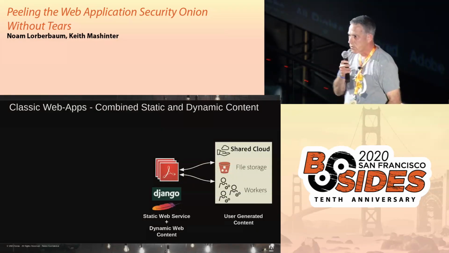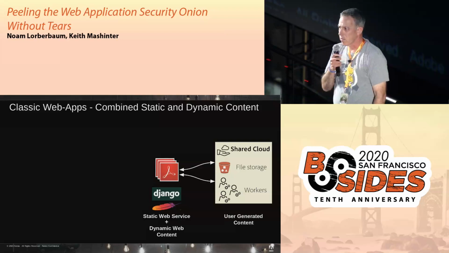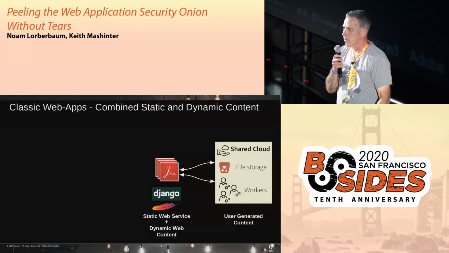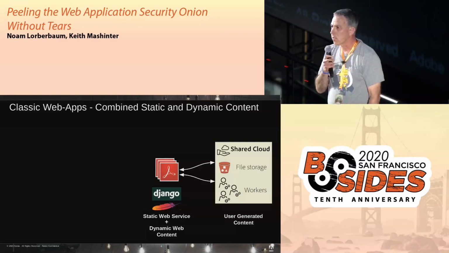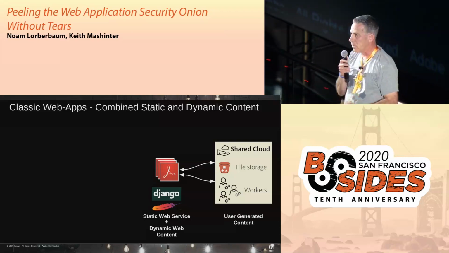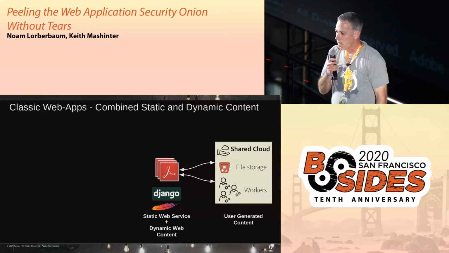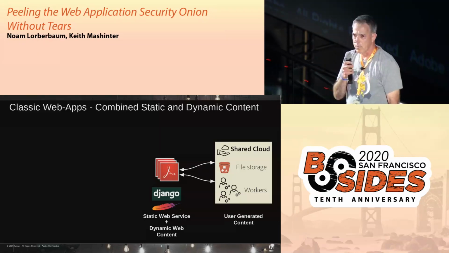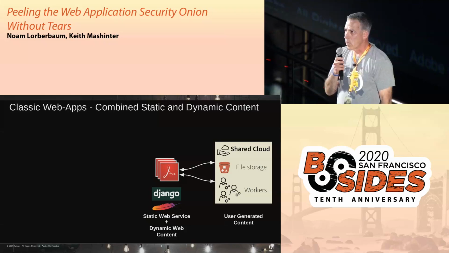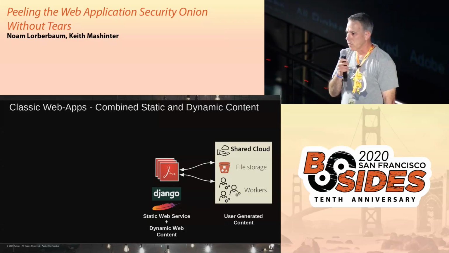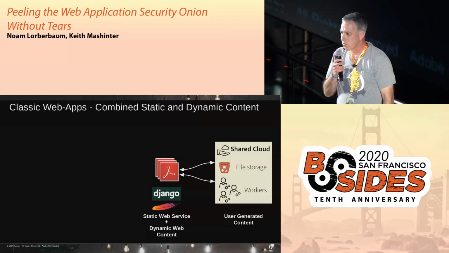We didn't start from scratch, as it is in many cases. There was a legacy application that existed before, and that's a quick look at the architecture. Starting from the back end, we have shared cloud, where user data is stored in files, and then there are certain heavy lifting operations, workers, that can be performed on those documents, such as the file conversion operations that I mentioned before.